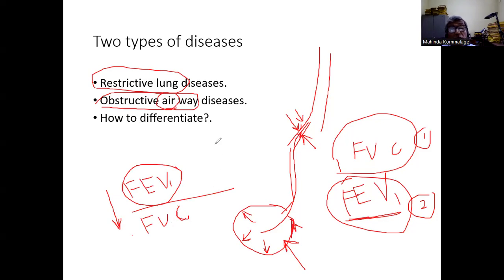Right? So roughly we can say it is below 80% in obstructive airway disease. But in restrictive lung disease, since this one is also reduced, the ratio will probably be normal, or low, or even high. Right? So to differentiate these two, this ratio and these values are important.